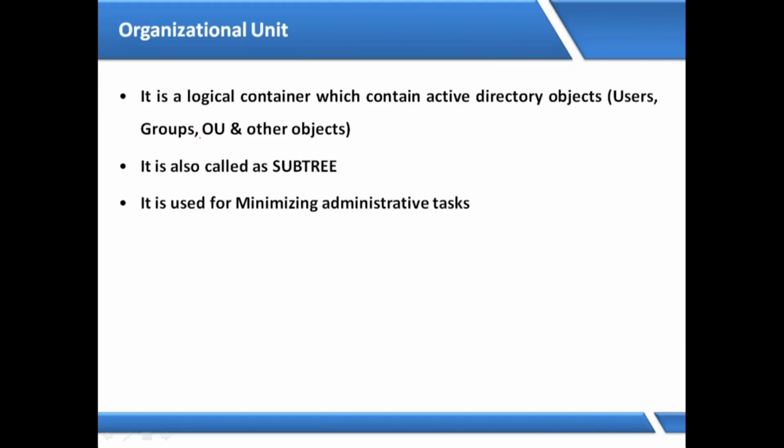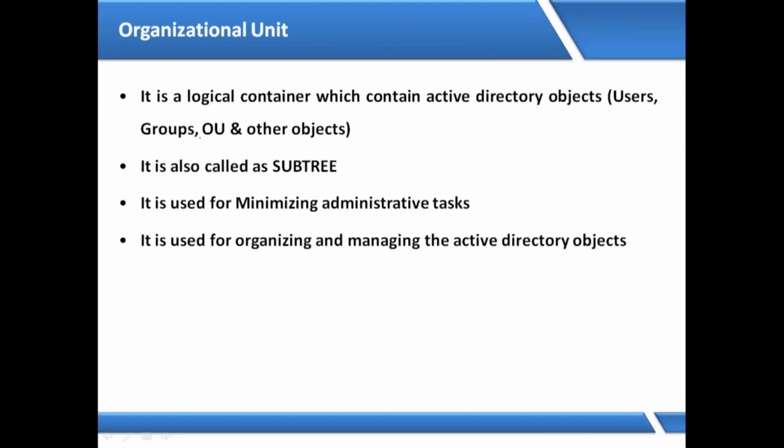So basically it is used to minimize the administrative task. How does it minimize the administrative task? By organizing the users, by organizing and managing the Active Directory objects. Already we discussed what the Active Directory objects are. Most important is users. And it is also used to apply delegation control, like we discussed when we started today's topic.